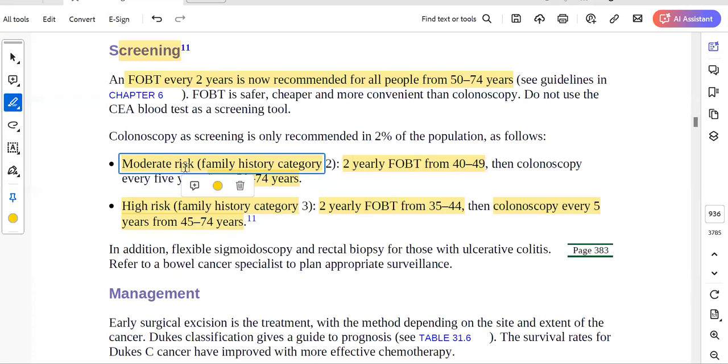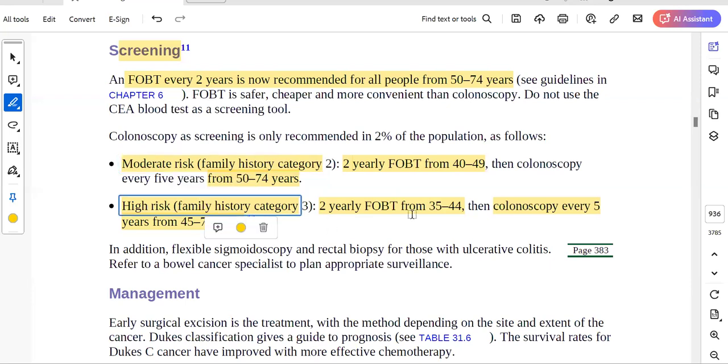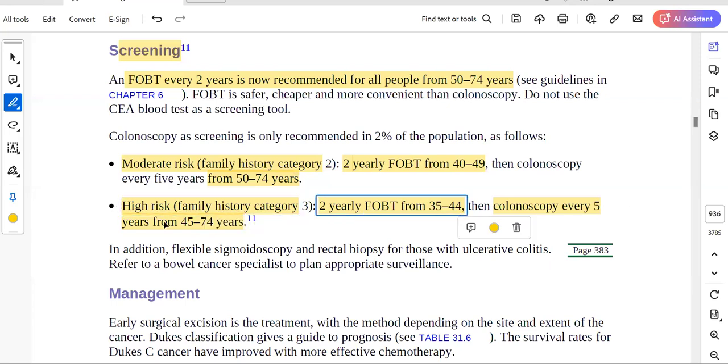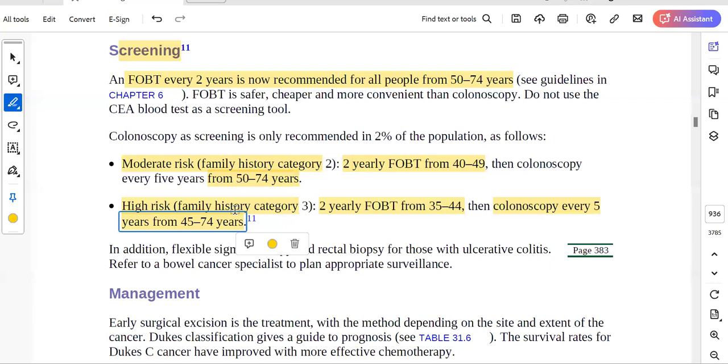From 50, they will start colonoscopy every 5 years. High risk group, FOBT every 2 yearly from 35 up to 44, and then colonoscopy every 5 yearly from 45. It is very difficult to keep it in the memory, but you'll need to memorize it. Print it out, keep it in front of you so that you can memorize it every day, because it is very important for exam.